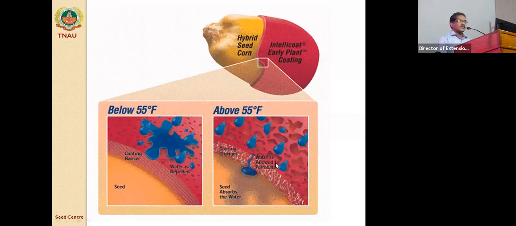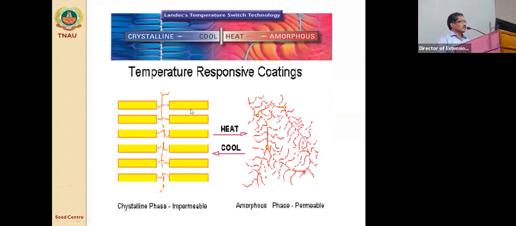The amorphous nature of this polymer allows the seeds to imbibe, and thereby the germination process starts. This is the simple mechanism. So this is another representation. During low temperature, the chemicals are in a bound, crystalline nature. Once the temperature increases, it will disintegrate and allow moisture to permeate to the seeds.